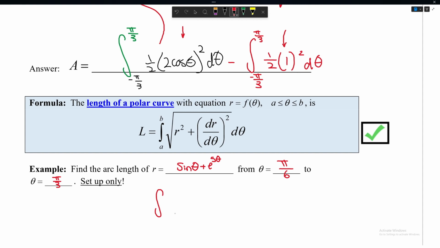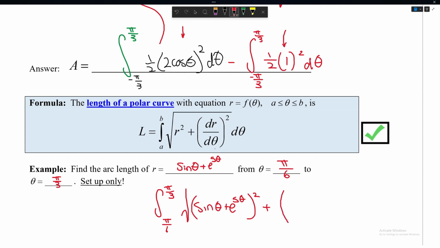It's the lower number. So pi over 6 is the lower number. Right? Square root, your R is your sine. I'm telling you, this unit, or this lecture in specific, you guys should be acing.